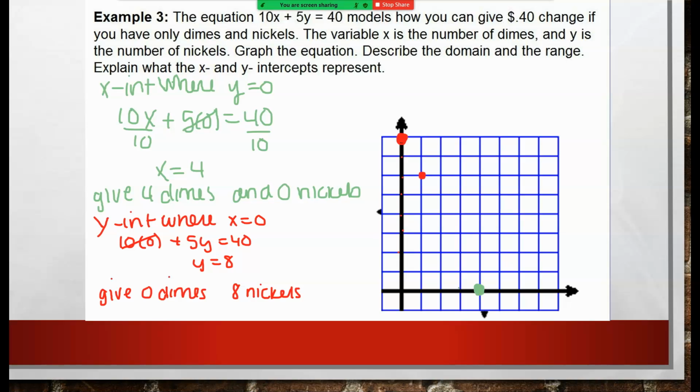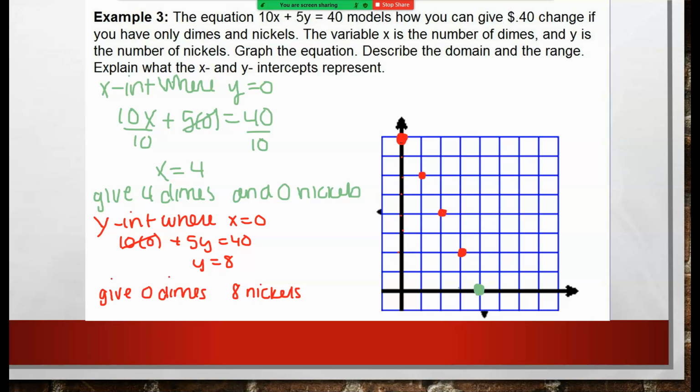I can also give 1 dime and 6 nickels, 2 dimes and 4 nickels, or 3 dimes and 2 nickels.